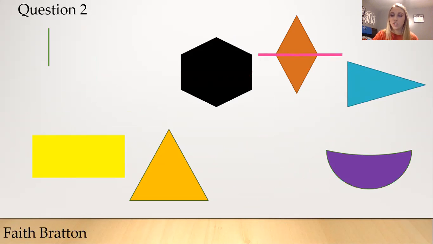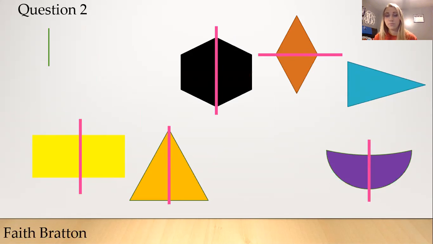The rest of the figures all have some sort of line of symmetry, like the hexagon, straight down the middle, or it could be a cross. This triangle has one straight down the middle, so when you fold it together, they're exactly the same. The rectangle has one right down the middle. The half circle has one.